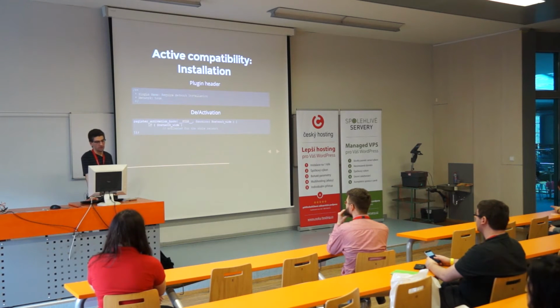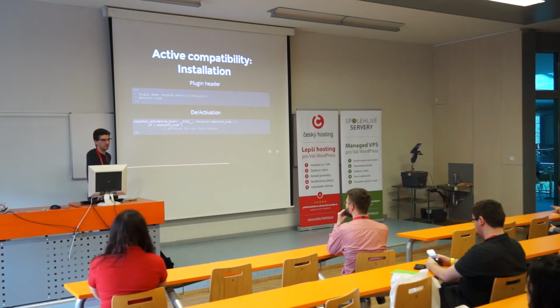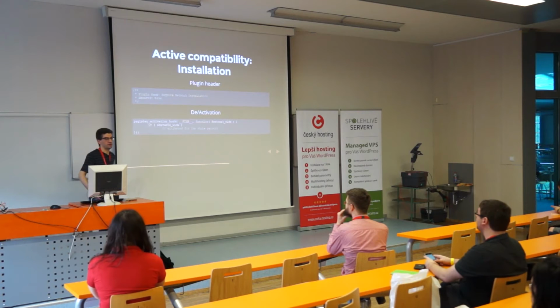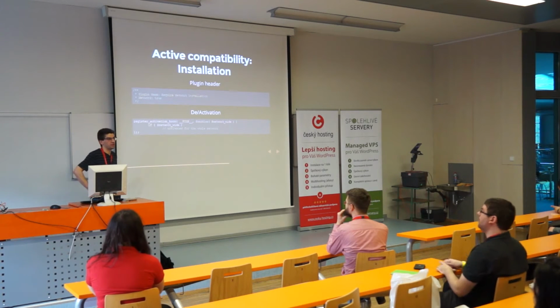The only value is true. That means the plugin will be visible in the network plugin administration screen only, and not on each site in that network. But it will still be visible in a single site installation. You cannot prevent that.